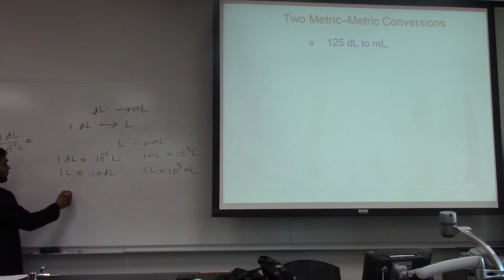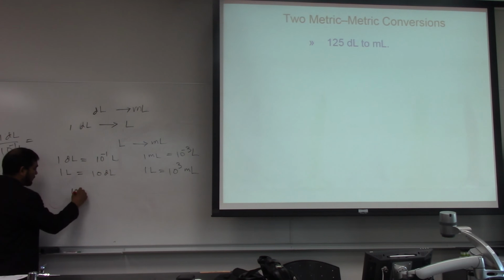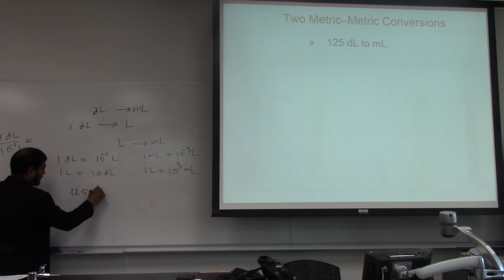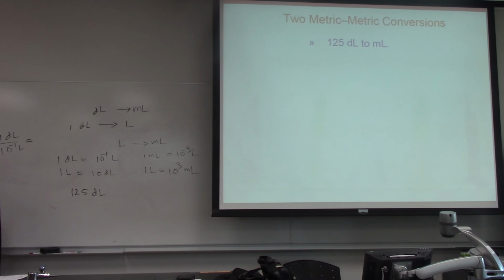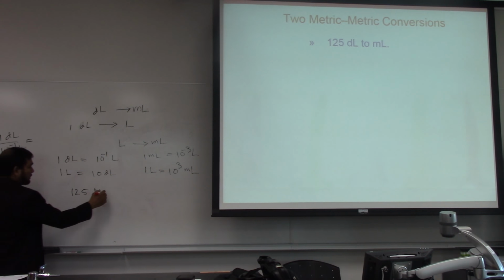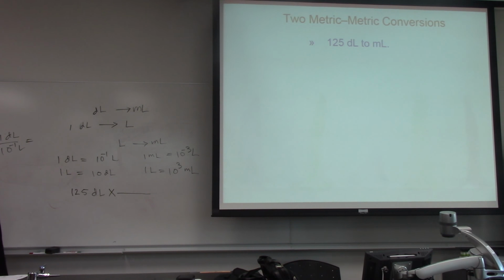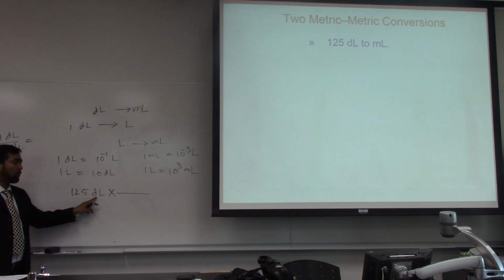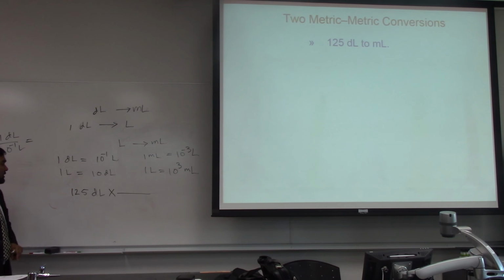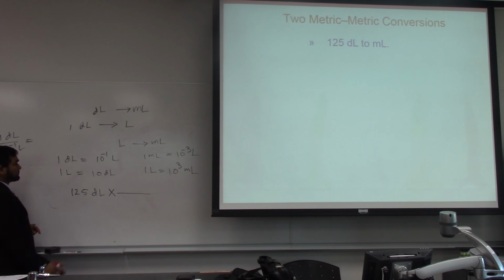So, step 1, 125 deciliter, right? Step 1 is you write the value given with unit, 125 deciliter, right? And then you use a converting factor. The bottom would be the one on the top in the question given, which is deciliter. So for deciliter you can use this one, or you can use that way.